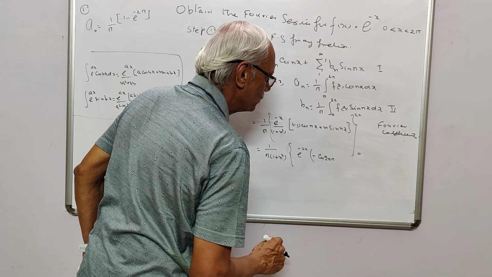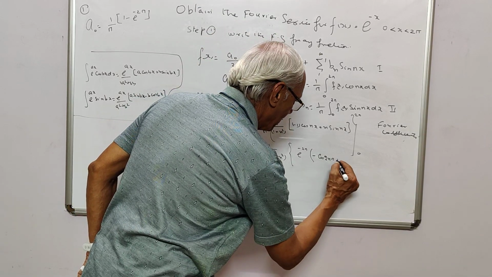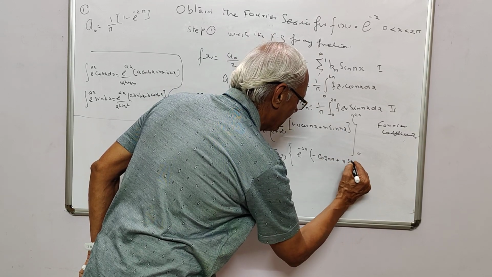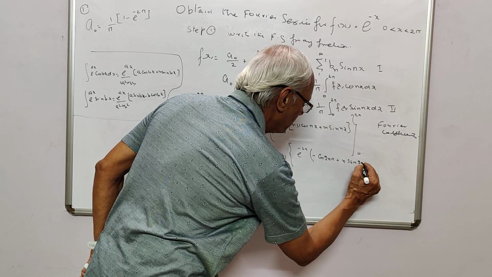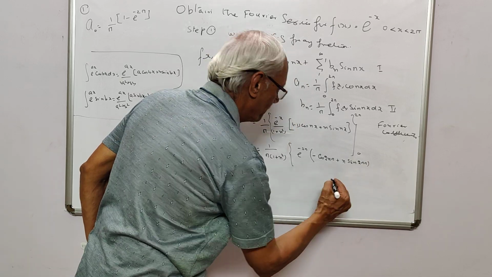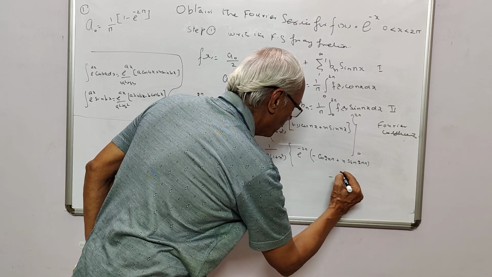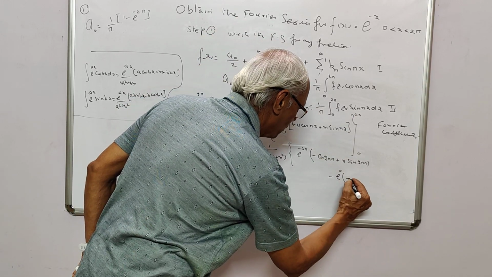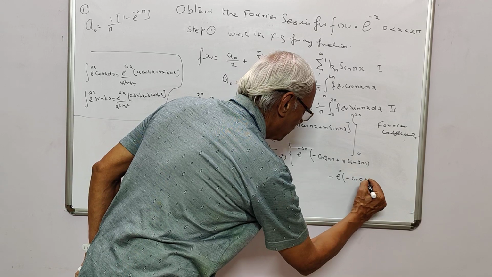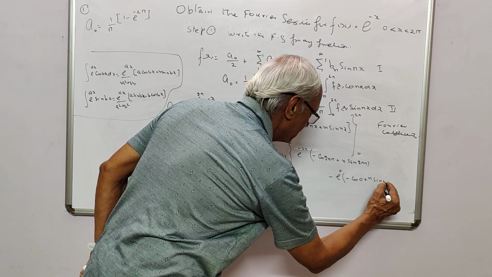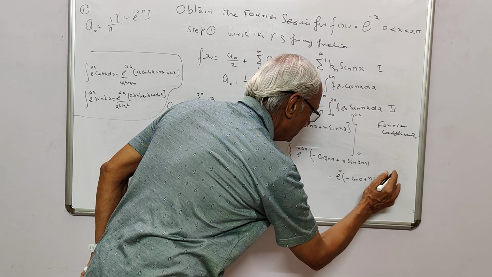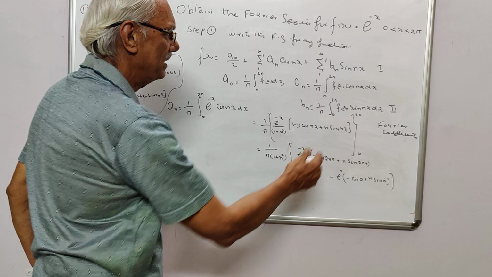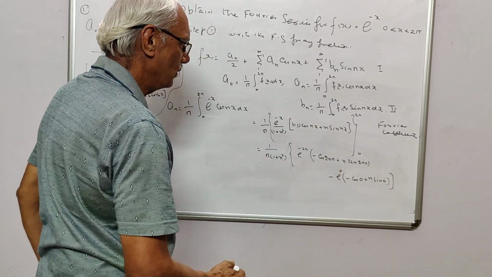Then minus e to the power of 0 into minus cos 0 plus n sin 0, because you are applying the lower limit. I have applied the limits, the upper limit 2 pi and the lower limit 0, so you will get this.